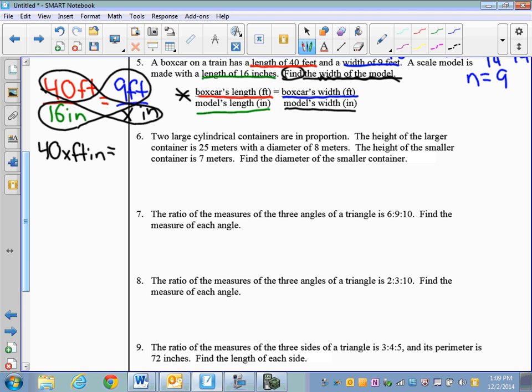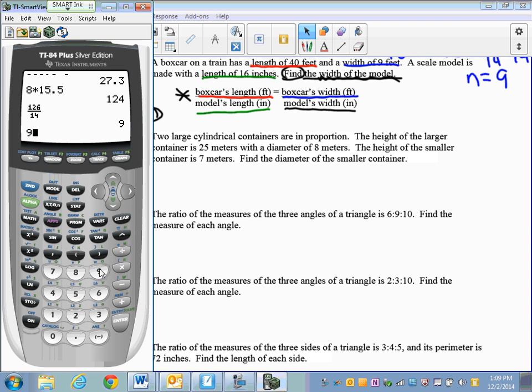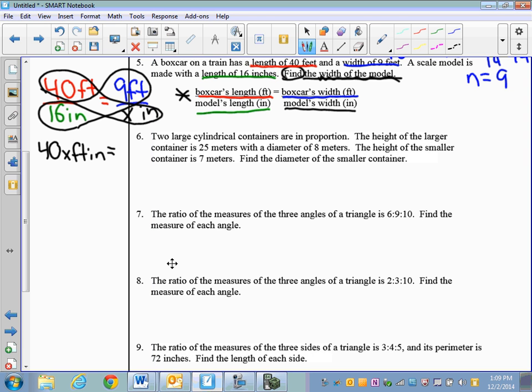And on the other side, 9 times 16 is 144. I get 144 feet inches. So when I divide by 40 feet inches, the feet inches just go away.